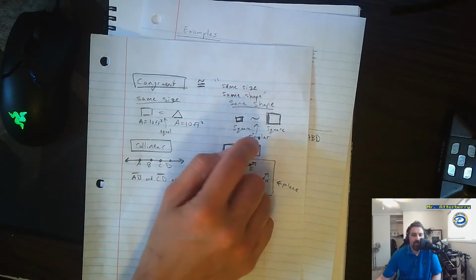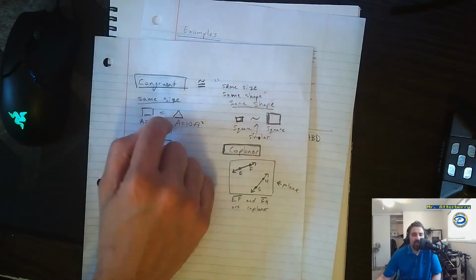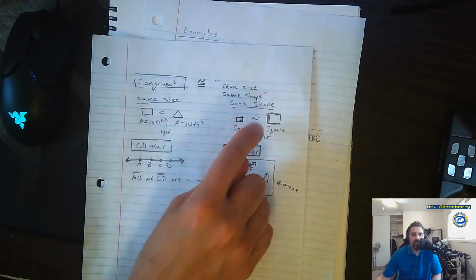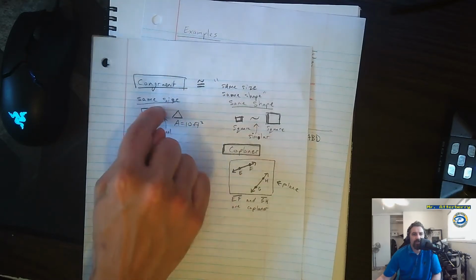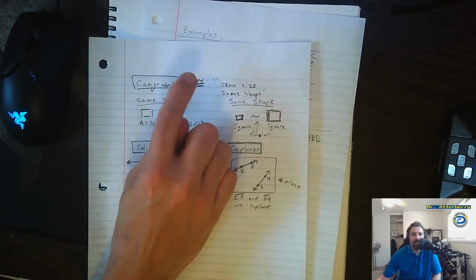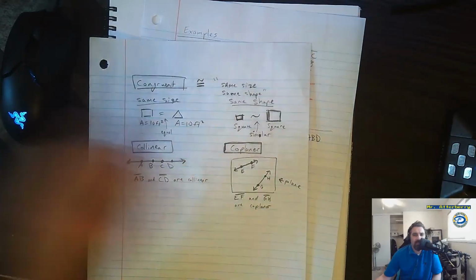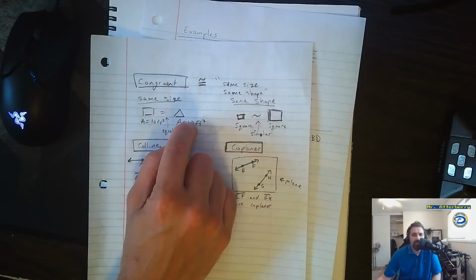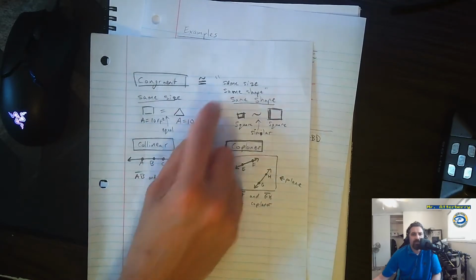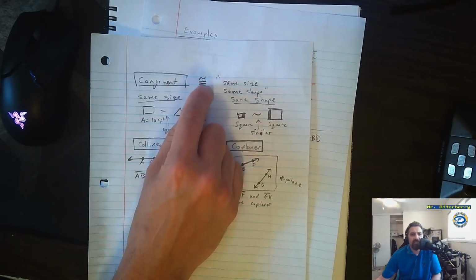So if two things have the same size and the same shape, we call them congruent. We're mixing the equal sign with the similar sign to create this congruent sign. It's an equal sign with a little squiggle on top, and that squiggle starts at the bottom, goes up, down, and back up.